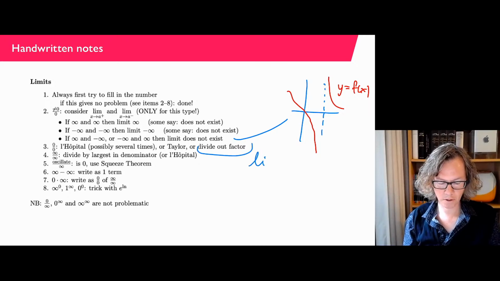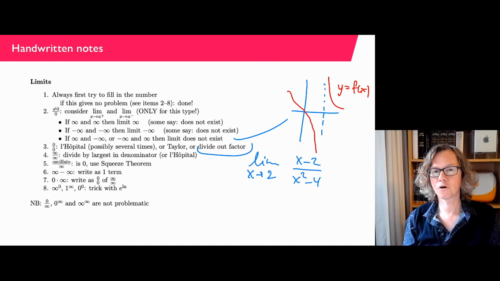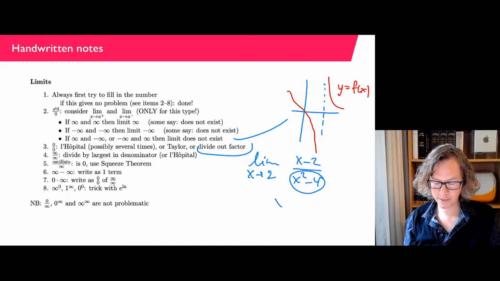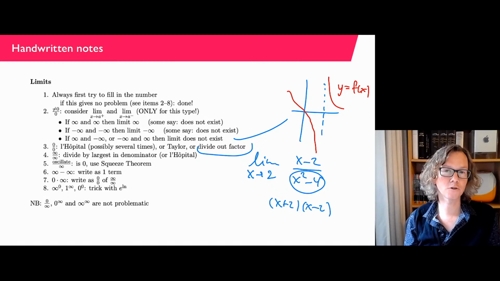It means something like the limit x is going to 2, x minus 2 over x squared minus 4. So there you can write this thing as x plus 2 times x minus 2, and then you can divide out the x minus 2 and still compute the limit. So that's what's being meant there.